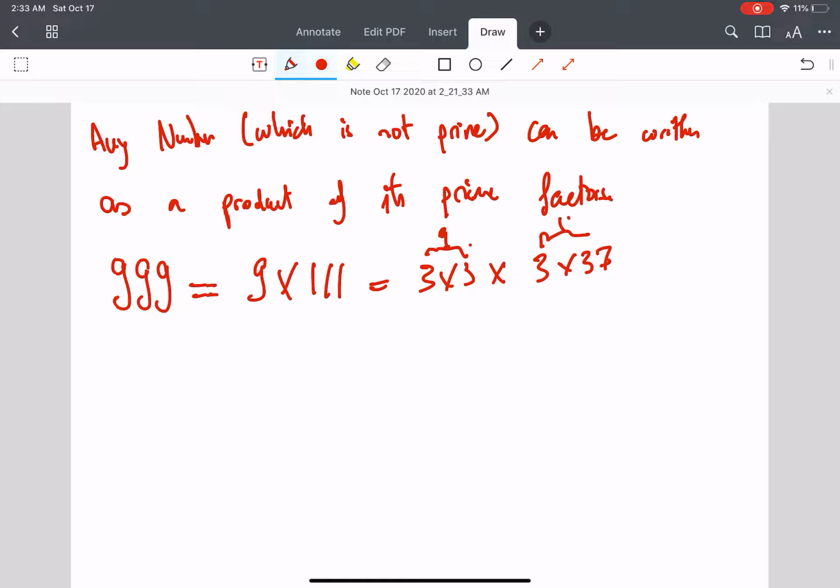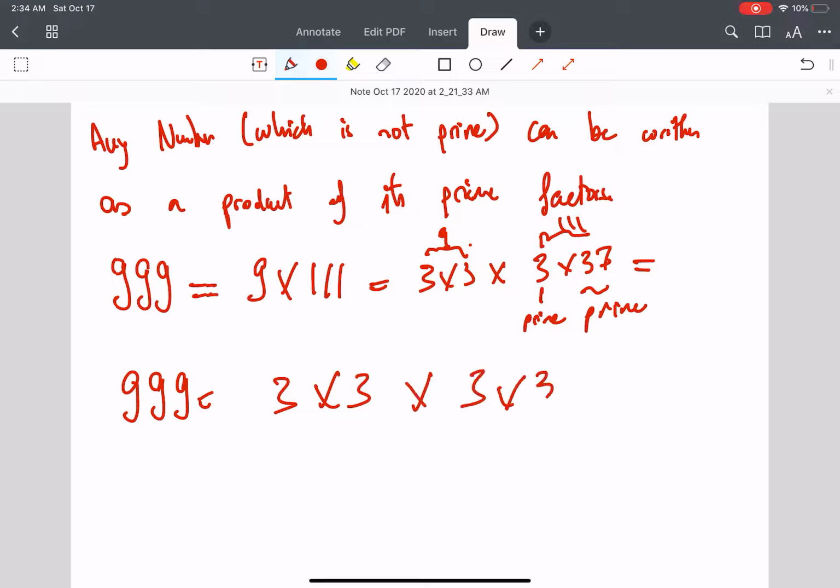Let me check whether 37 is prime: 37 divided by 4, 5, 6, 7 no. So 37 is prime and 3 is prime, so 999 is actually 3 times 3 times 3 times 37.